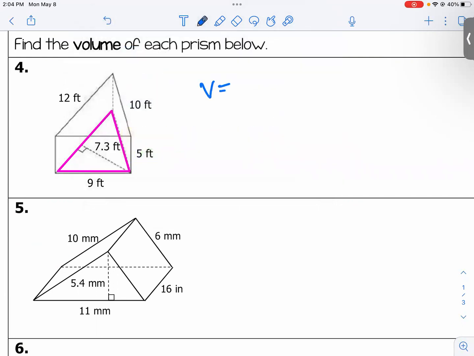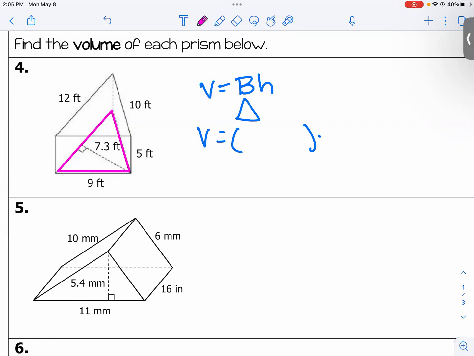So the volume is area of the base times the height. And our base is a triangle. Okay. So what we need to do is we need to find the area of this triangle. Guess what? The top and the bottom one are the exact same thing.